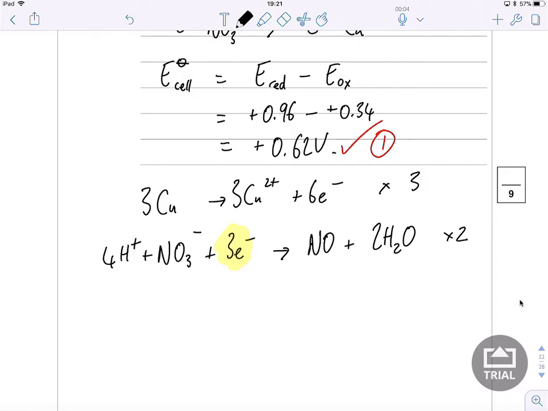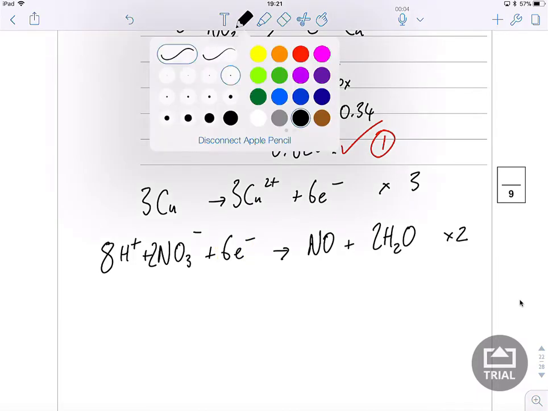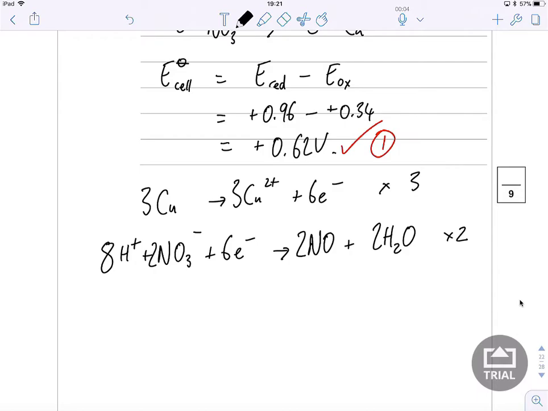If I do this one, I'd have 8 hydrogen ions, I'd have 2 NO3-, 6 electrons, I'd have 2 NO, and I'd have 4 H2O. So my electrons now balance, and I can write that out so that I've got all of the left hand sides on the same line.